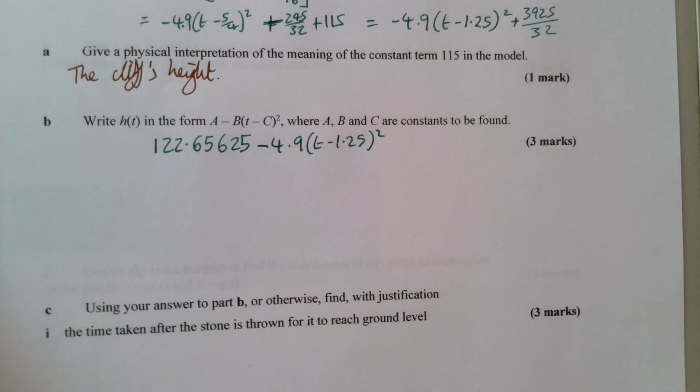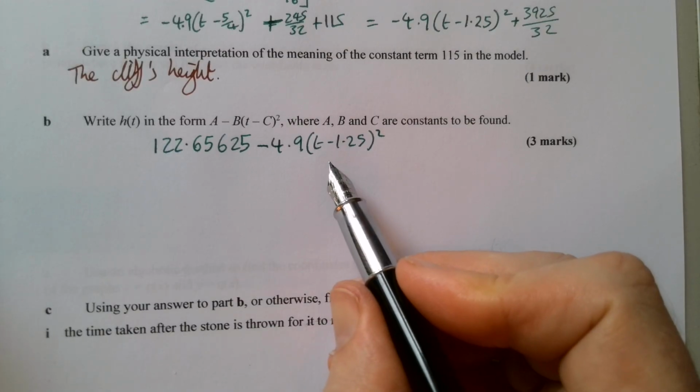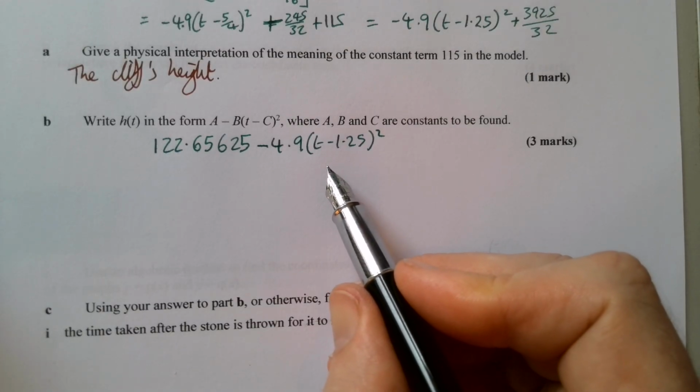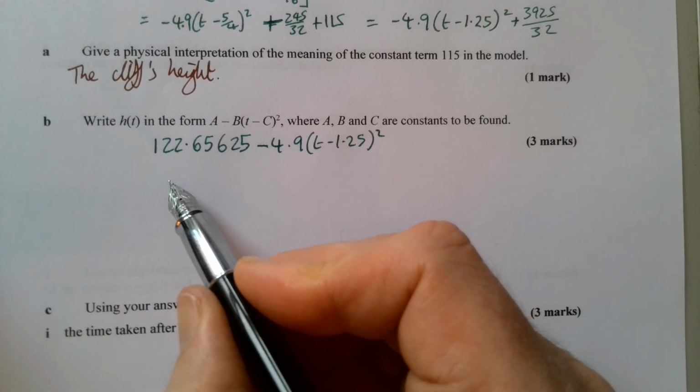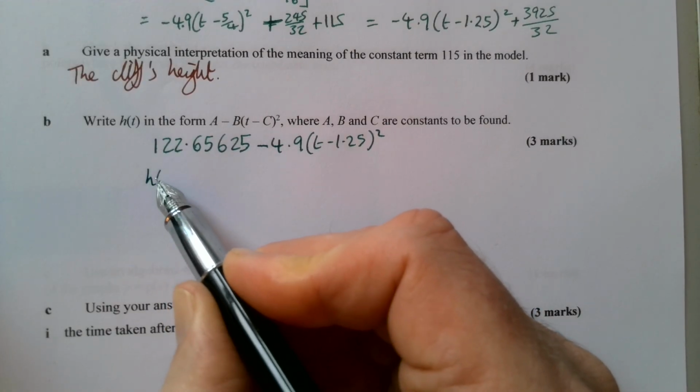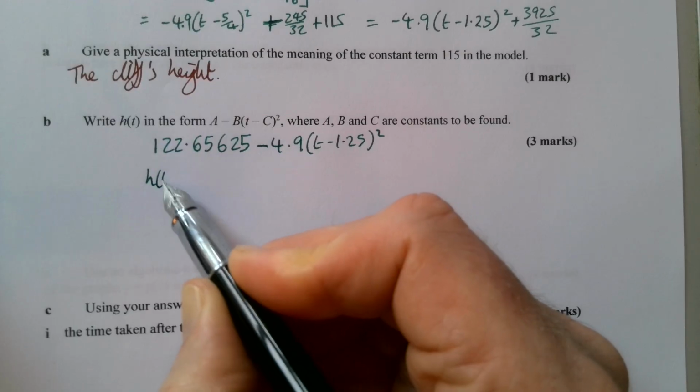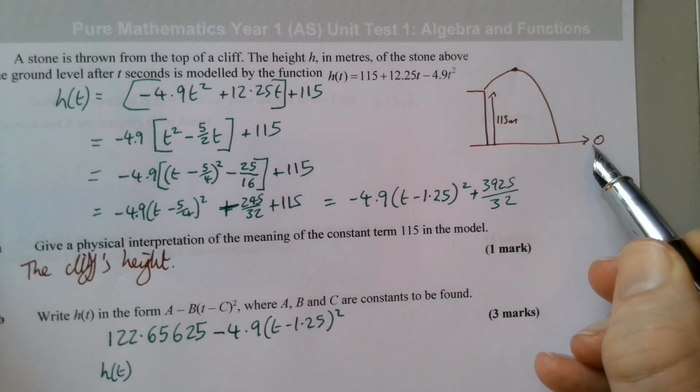Then, using your answer to part B or otherwise, find with justification the time taken after the stone is thrown for it to reach ground level. Well, I don't think we'd be using part B to do that. I think you go back to the original function, because the ground level, if you look back at our picture, our ground level was 0.